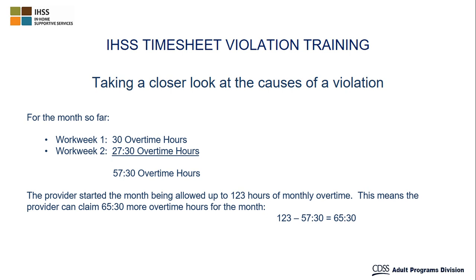Since the provider already claimed 57 hours and 30 minutes, this means the provider can claim 65 hours and 30 minutes of overtime for the rest of the month. Now, let's take a look at the Part B timesheet for the month.